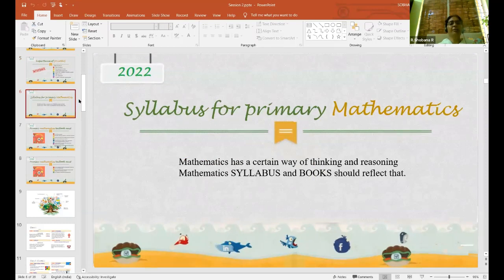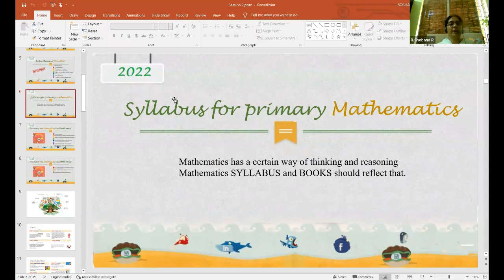So now we, as mathematics teachers, come to discussing the syllabus for primary mathematics. Mathematics is a special subject, because it needs children to think and reason.